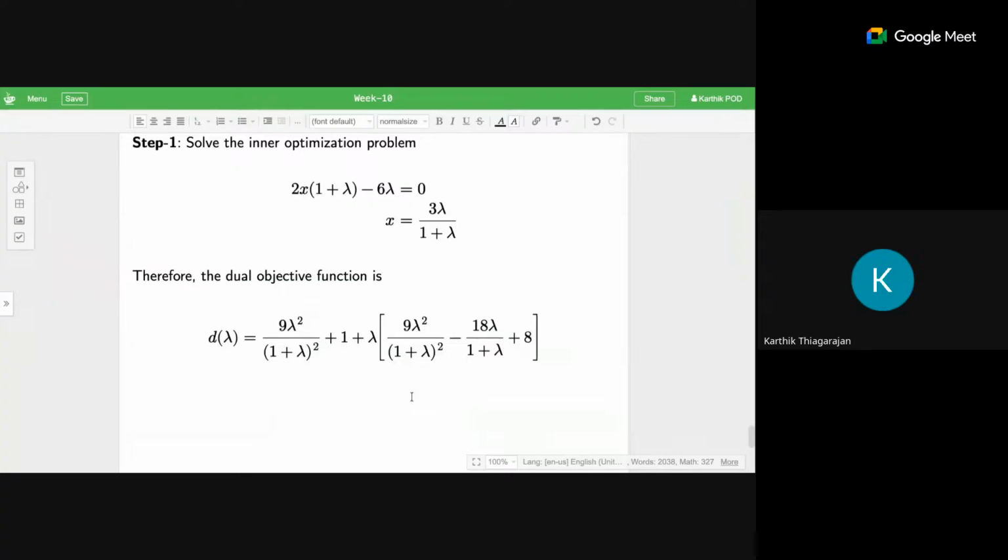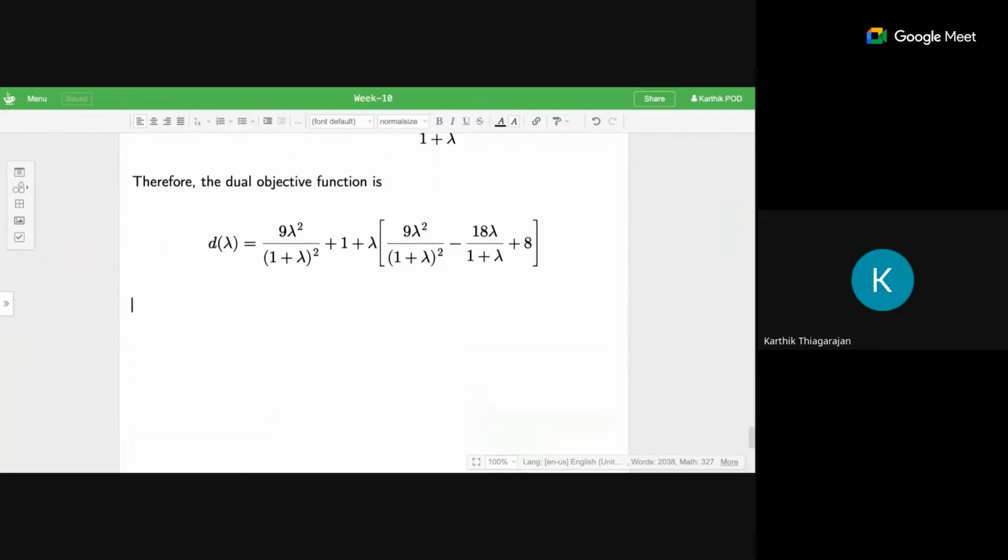By any chance, has anybody simplified this? Let me see if I have. I think I have the simplified version with me. On simplification, this seems to be correct.